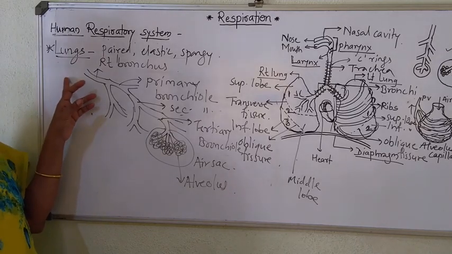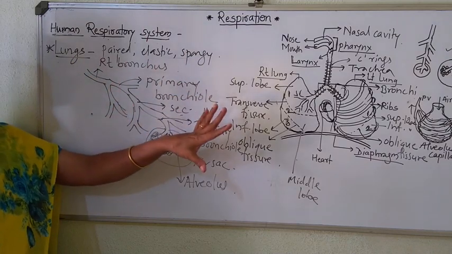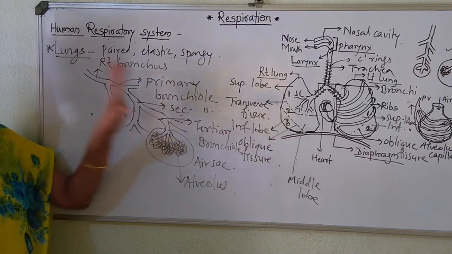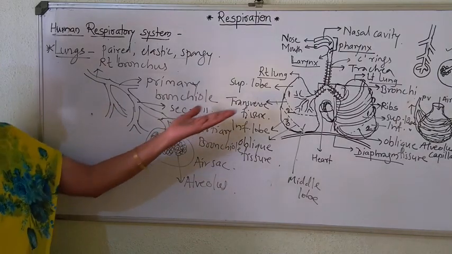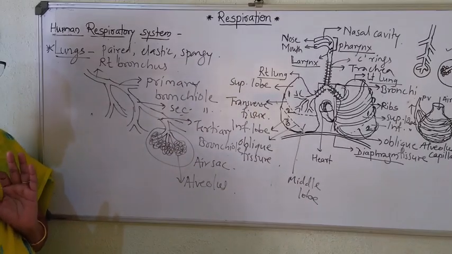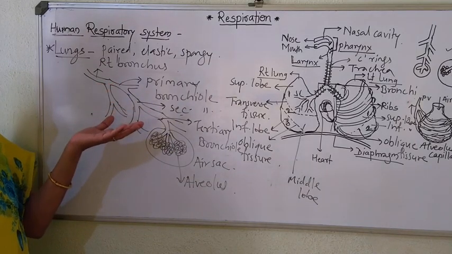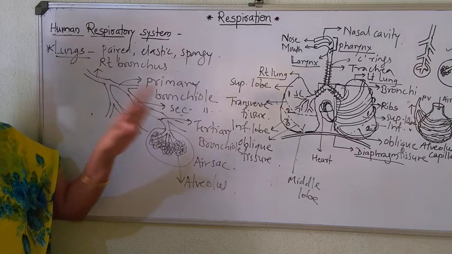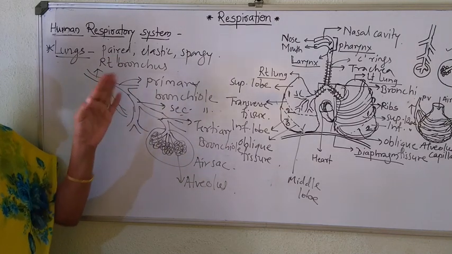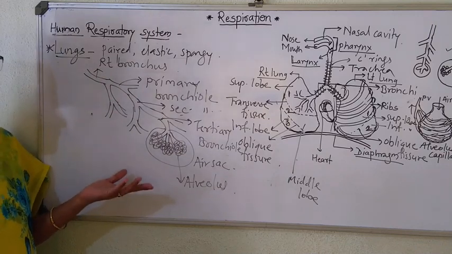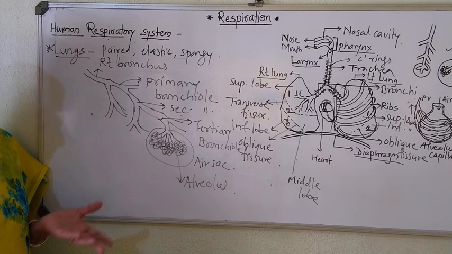The lungs are paired, elastic, spongy, situated inside the thoracic cavity on either side of the heart. You can also add that word. They are paired. There is a right and left lung. There is a clear-cut distinction between the right and left lung, but prior to that, the protective coverings of the lungs are known as pleural membranes.